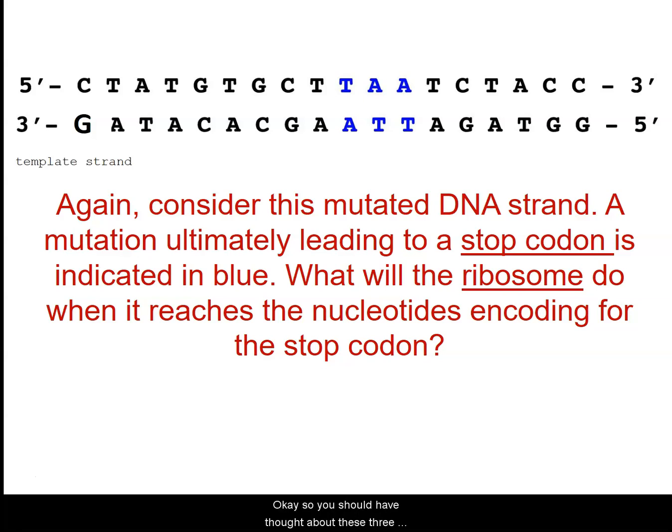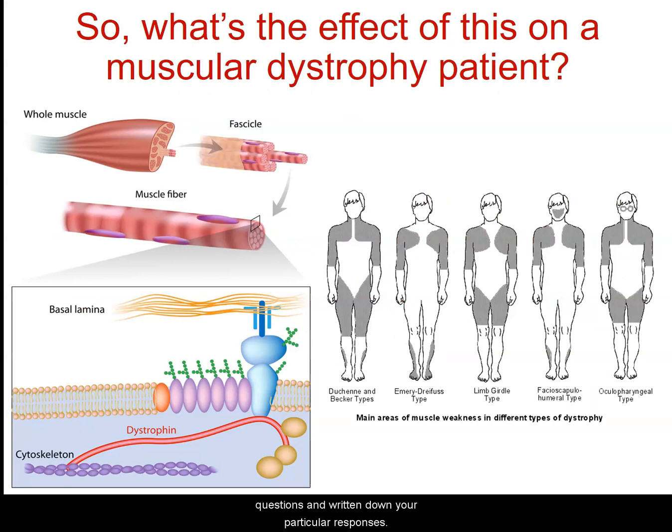Okay, so you should have thought about these three questions and written down your particular responses. So what's the effect of a single mutation leading to a stop codon on a muscular dystrophy patient?